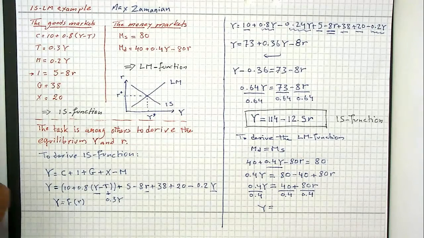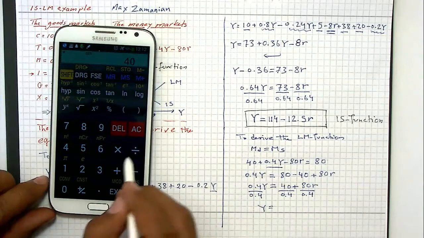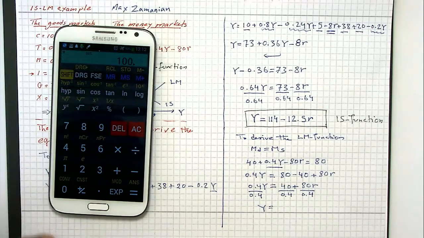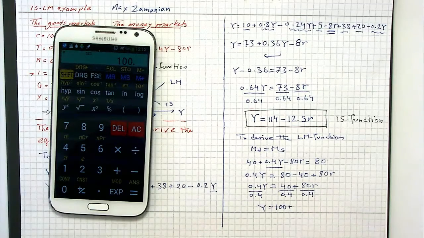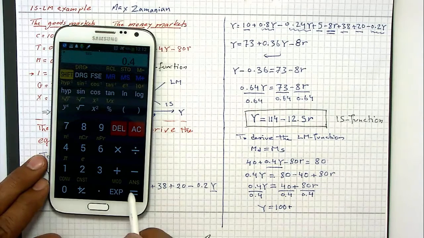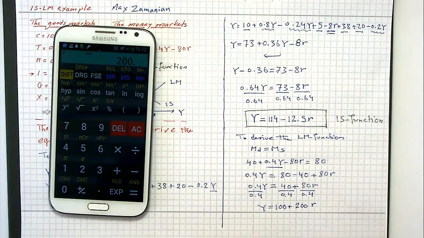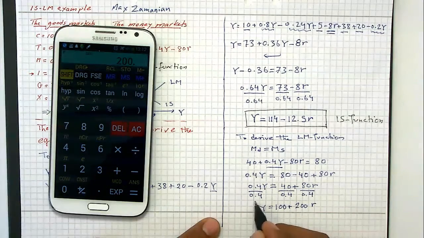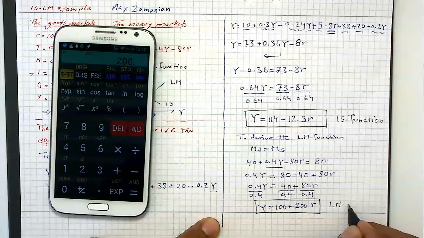Let's see what I get here. 100 plus 80 divided by 0.4, 200 r. And this is actually the LM function.